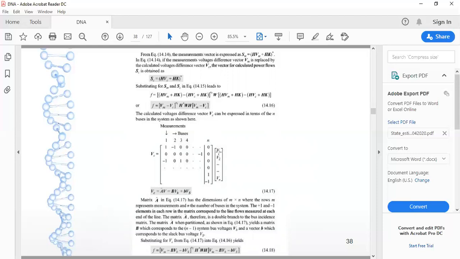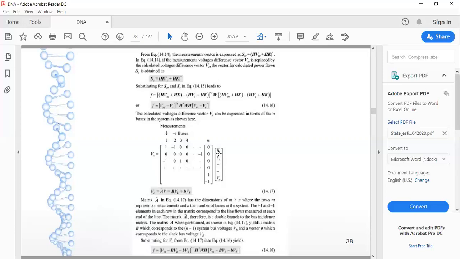So V bus is V1, V2, V3, V4. Now, if we want to identify this incidence matrix, the direction of current is very important. So A into V bus gives us the line value. So over here Vc is nothing but the product of A into V bus.